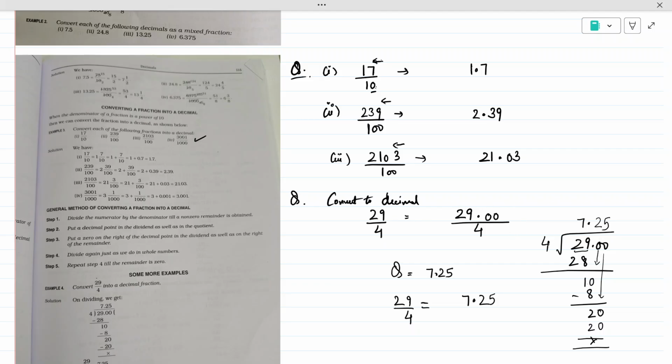And while dividing, whenever you have considered the number up to where the decimal starts, then after that particular number in the quotient write down the decimal. That decimal will always come in the quotient. It is not going to come anywhere in the remainder or anywhere down. It will always be considered in the quotient. Okay, so now we have done this question.